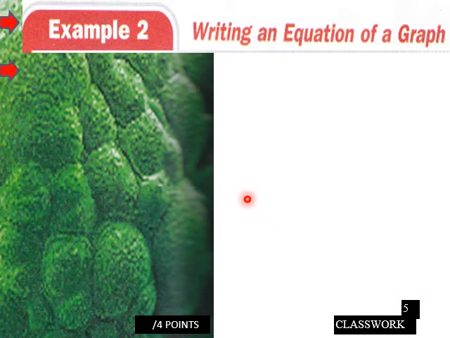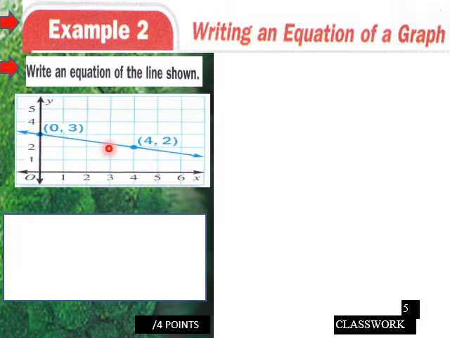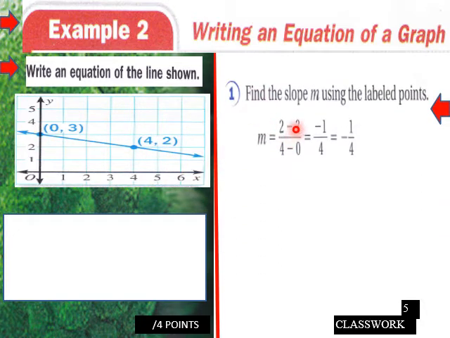Okay, into our next example 2, write an equation of a line. We have a graph here. Here's our line. We have 2 points here. You got your ordered pair here. What else do you need? Find the slope m using the labeled points. So we got to figure slope. What's the slope of this line? So we use our slope formula.